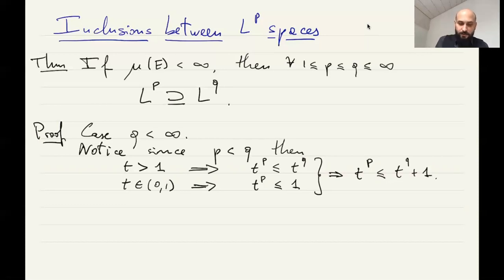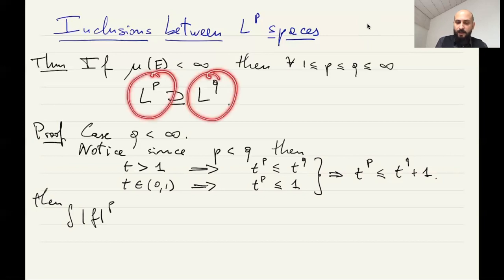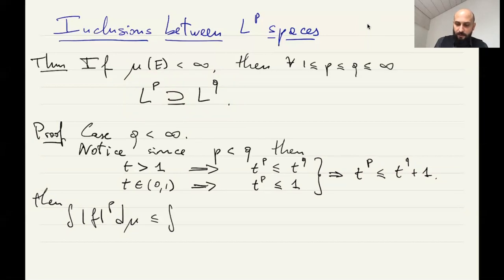Okay, so now let's use this bound. What we are doing is taking an element in LQ and showing that it's in LP. So f will be an element with finite Q norm. Let's bound now the LP norm. So the P power of the LP norm of f is less than the integral of |f| to the q plus 1 d mu.